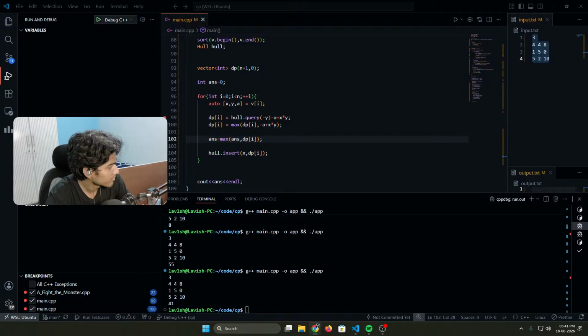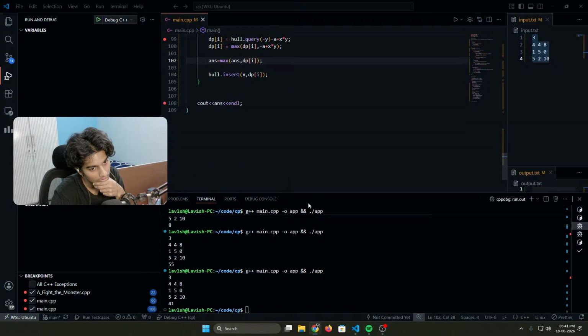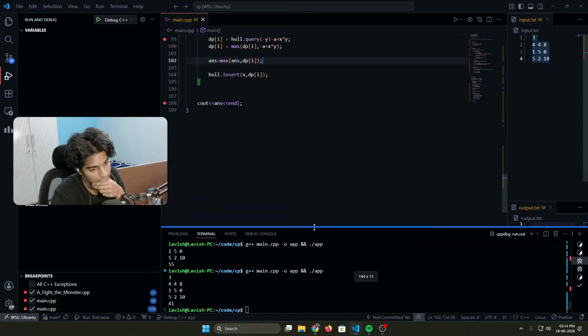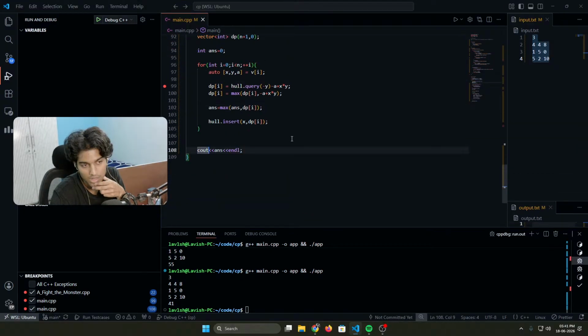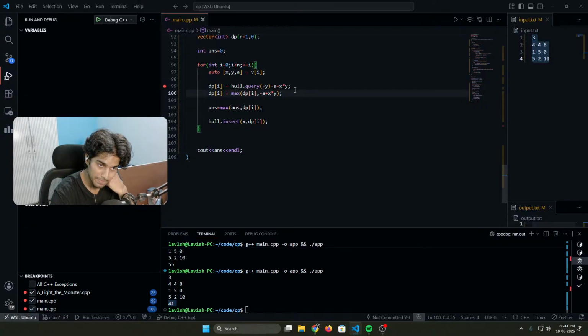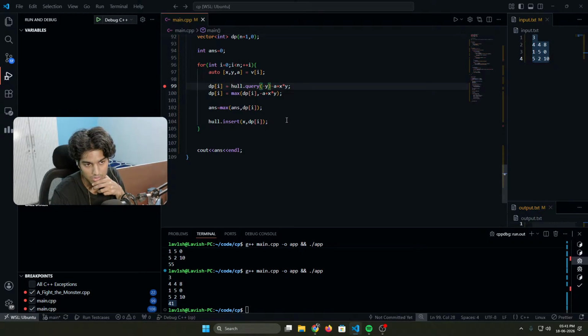Hmm. I believe. Okay. This cannot be 41. There is no way. But we're querying with negative y now. Okay, I know what's wrong.